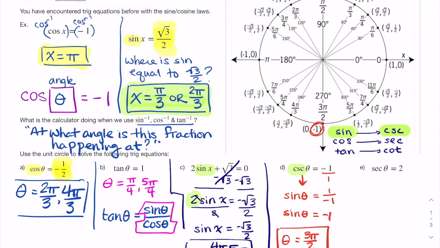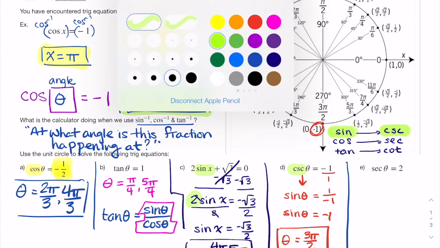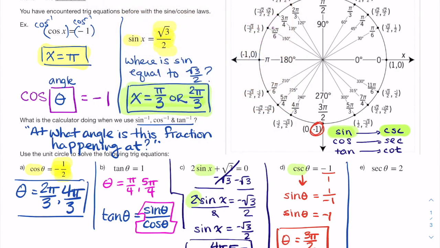Okay. And then for this last one, kind of same idea. I want to find secant, but secant isn't on the circle, right? I know that I can turn that into cosine. So again, I just have to use that same idea. So I can turn secant into cosine theta as long as right now this is 2 over 1. So I'm going to flip it to 1 over 2.